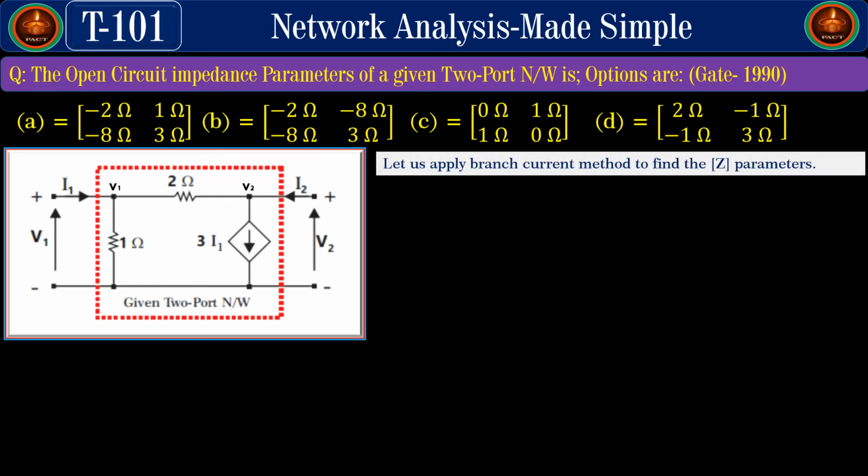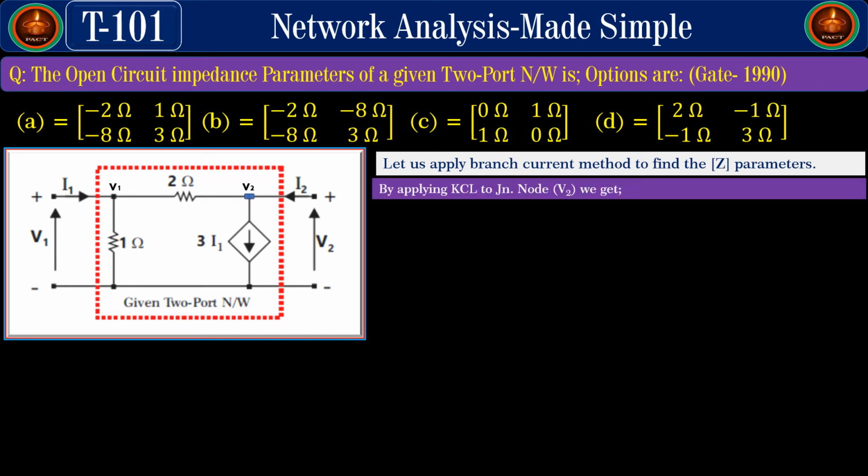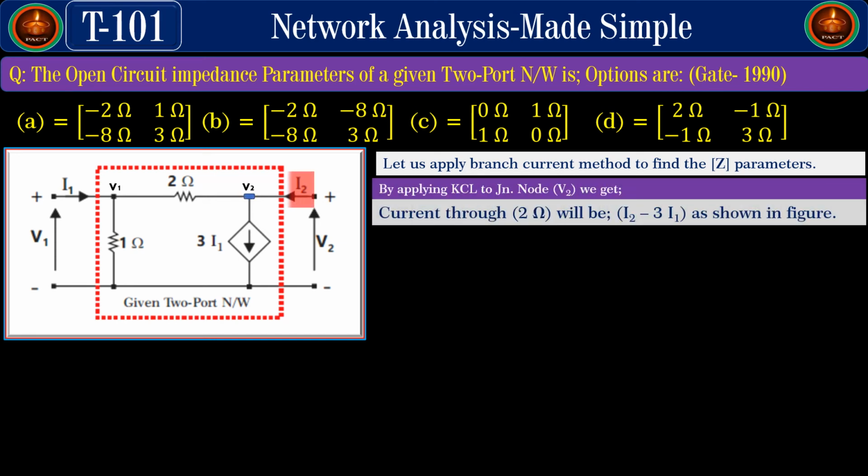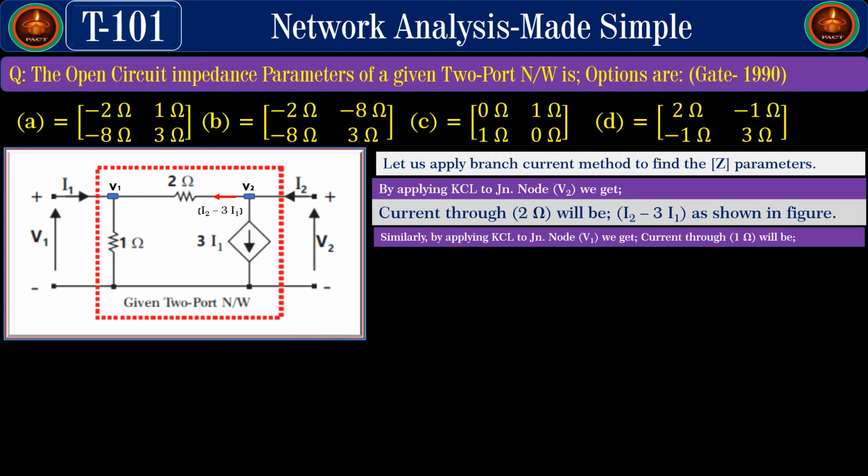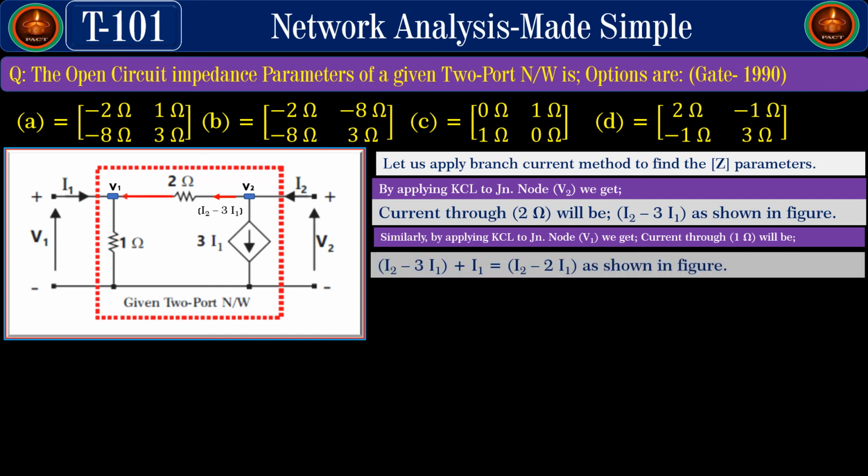So, by applying KCL to node V2, we get current through 2 ohm will be I2 minus 3I1 as shown in figure. Similarly, by writing KCL to node V1, we get current through 1 ohm will be I2 minus 3I1 plus I1, and that is equal to I2 minus 2I1 as shown in figure.